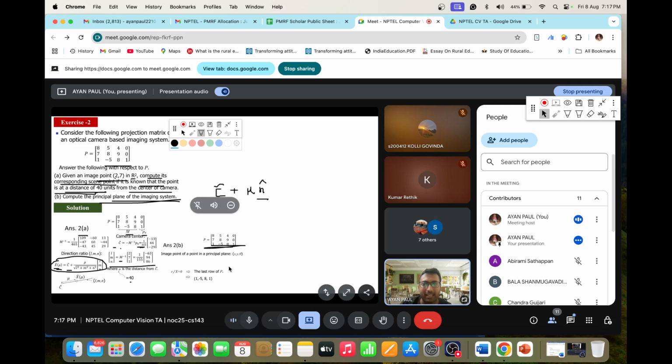So x you know, and you just do R3T x and you will get the principal plane. Also, if you are given a projection matrix, the last row of the projection matrix is nothing but your principal plane. So instead of doing R3T x equals to 0, you can easily write the last row of this as the principal plane. So this is the concept behind it.